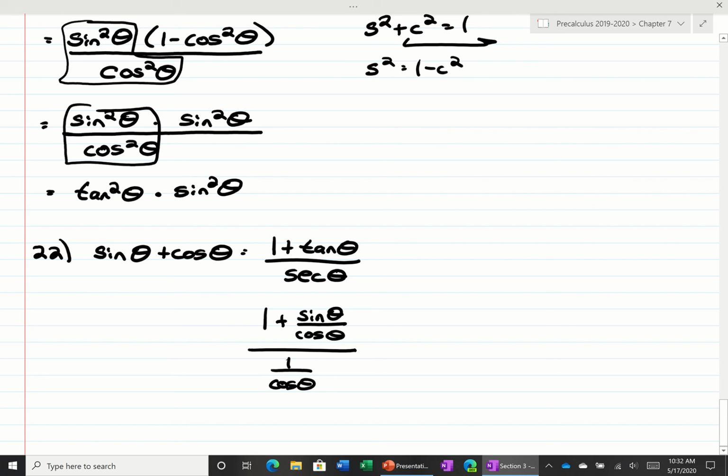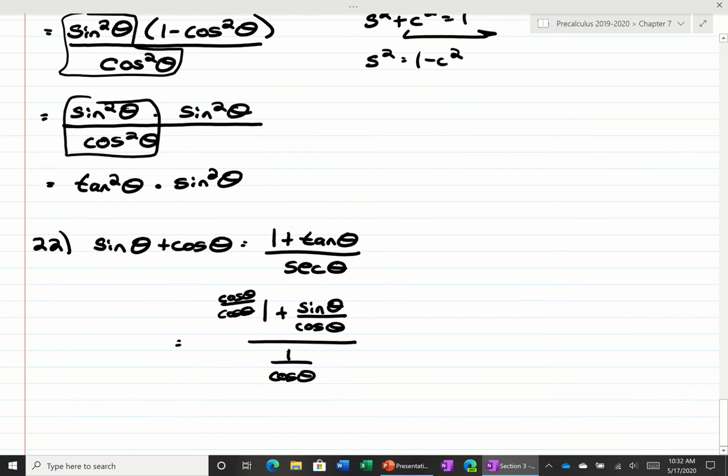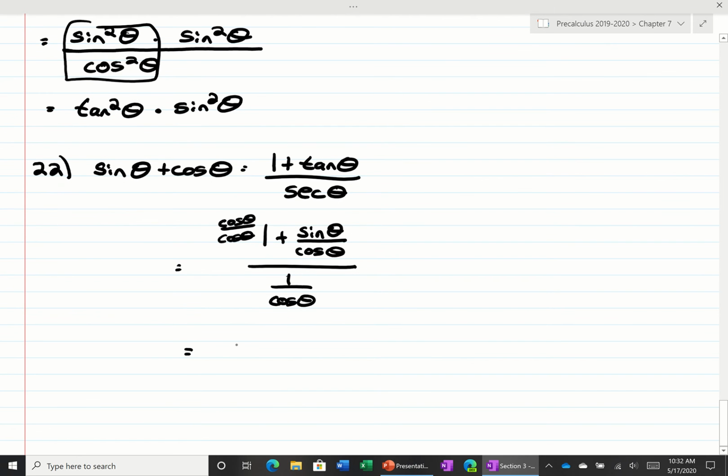Now on top we can get a common denominator. I'll multiply top and bottom by cosine. And we'll get on top cosine of theta plus sine of theta all over cosine of theta. And we're dividing by 1 over the cosine of theta.